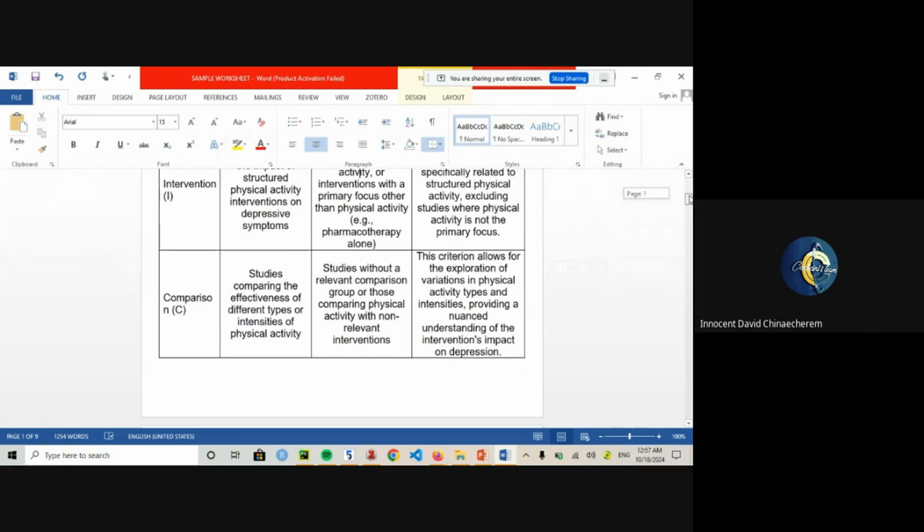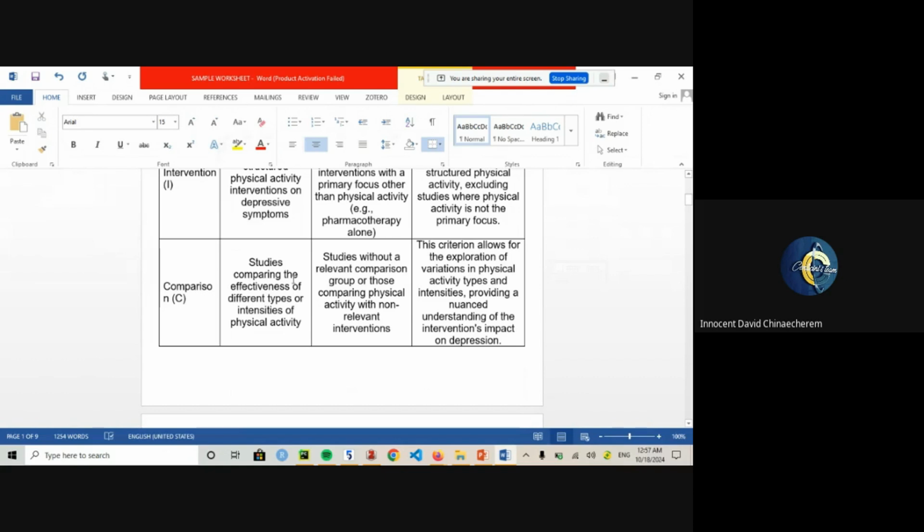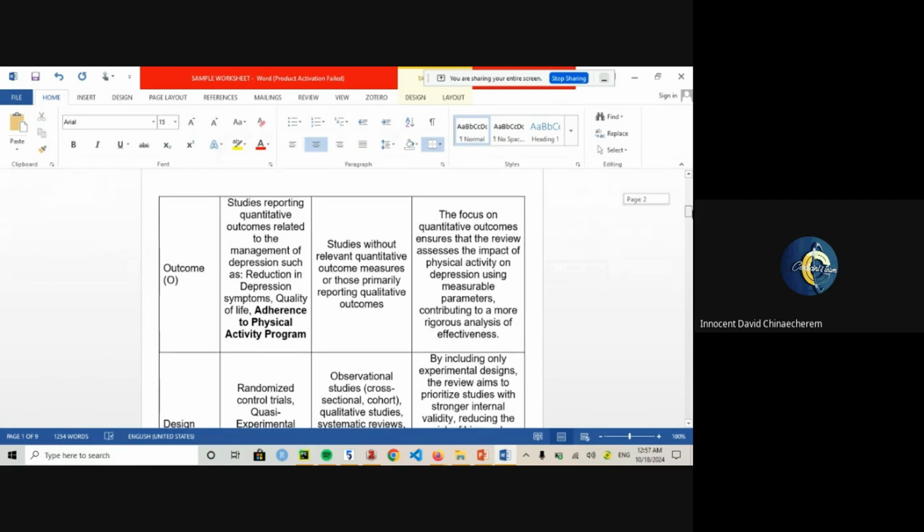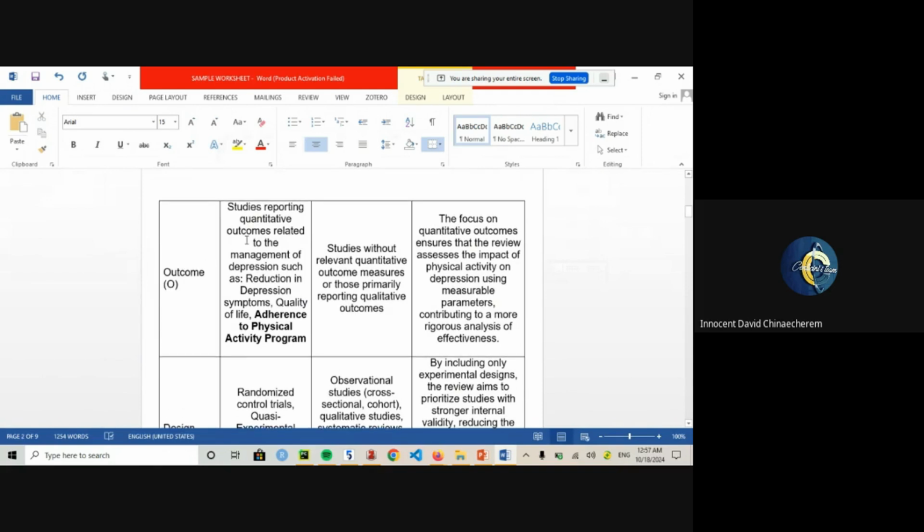For the comparison, it's studies comparing this with other intensities of activity. For the exclusion, any studies without a comparison group were taken out. In terms of outcome, we have studies reporting management of depression, reduction in depression symptoms, quality of life, adherence to physical activity programs. Studies without relevant quantitative measures were excluded.